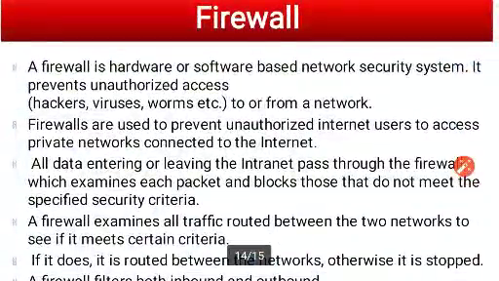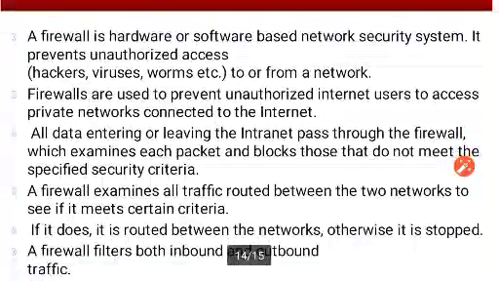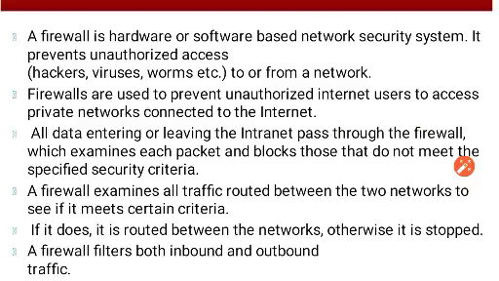Next we have got firewall. A firewall is a hardware or software based network security system. It prevents unauthorized access to or from a network, and it prevents unauthorized internet users from accessing private networks connected to the internet.